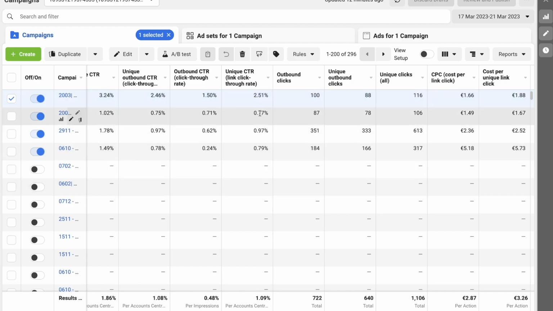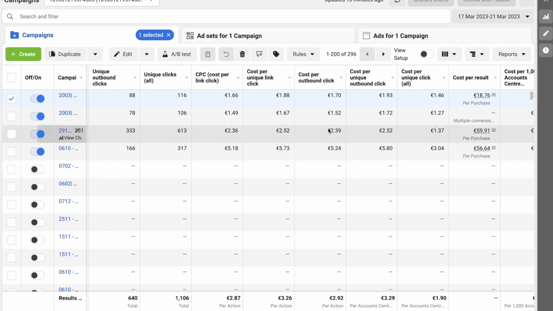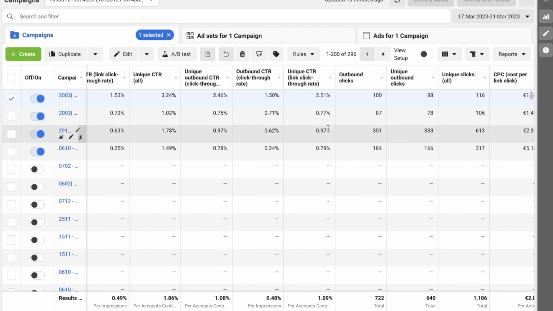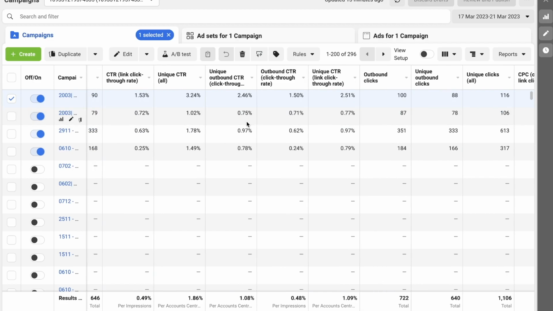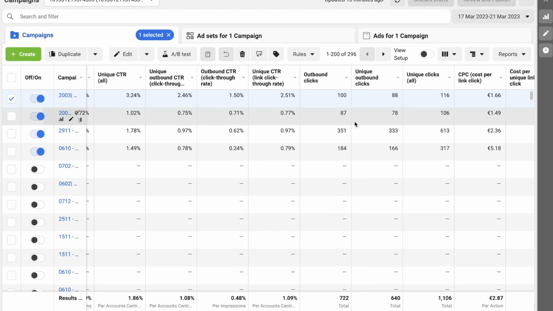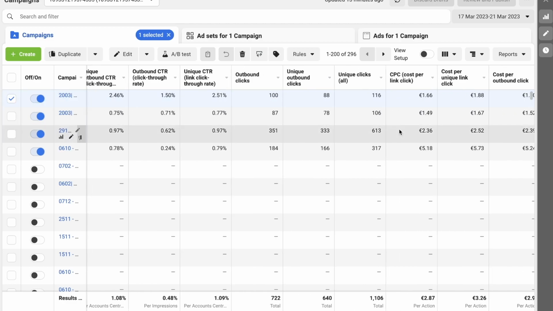I need this metric to get a feel for how well my ad is bringing traffic to my pages. And by looking at all these metrics, I get a really quick and really good impression of how well this ad is working in terms of how high the rates are, how cheaply it brings me good clicks, and how many clicks overall I get.